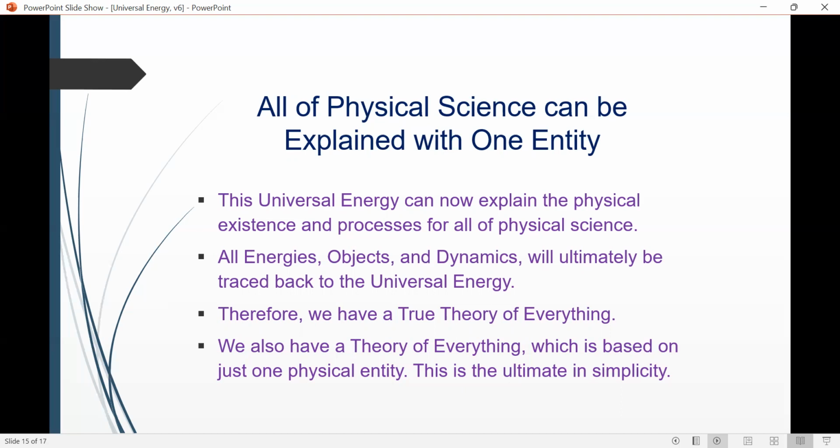It's the ultimate in comprehensiveness. Which again supports the reality that the solution presented is indeed a true physical reality solution for the theory of everything.